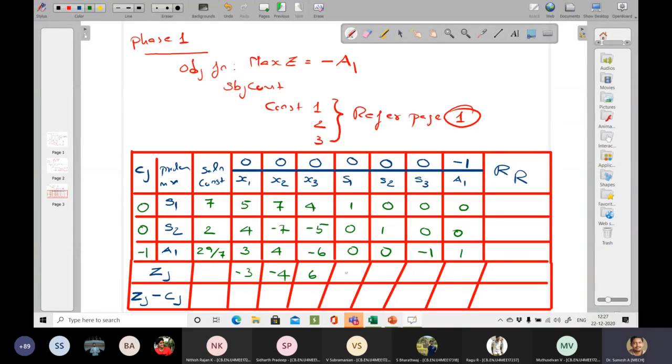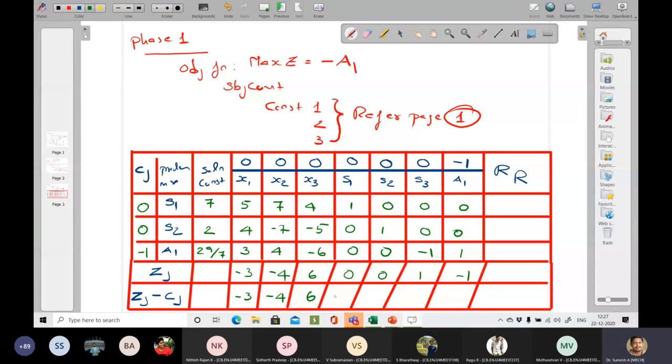So Zj minus Cj will be minus 3, minus 4, 6, 0, 0, 1 and 0.